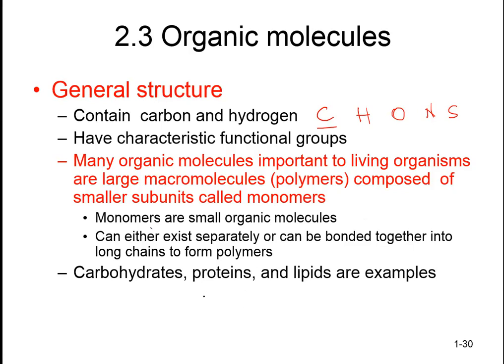Then we have proteins. A protein is a polymer that is made up of monomers we call amino acids. And we have lipids, but lipids are not polymers as such, but still they are important organic compounds that we are going to talk about. Carbohydrates and proteins are polymers because they have monomers.